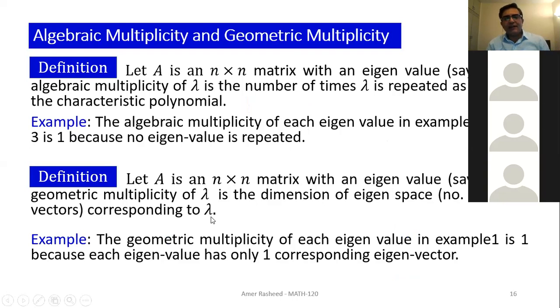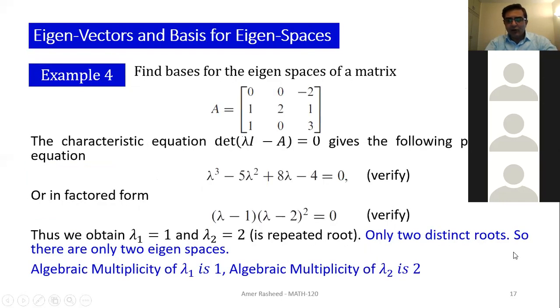It is possible that we get 2 eigenvectors corresponding to 1 lambda for a particular matrix. For example, in example 4, lambda is equal to 2 has algebraic multiplicity of 2, and we have only 2 distinct roots.